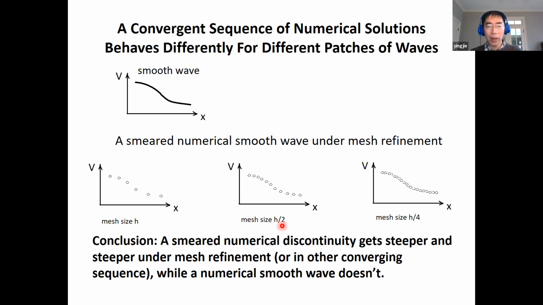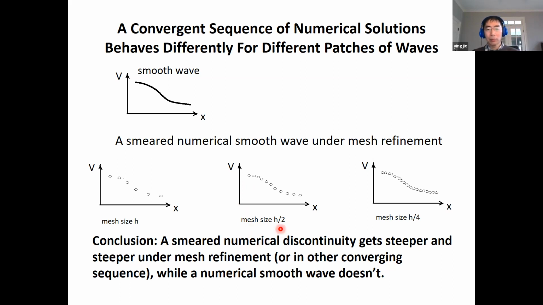And if you refine the mesh, you will see more points, but the profile doesn't change very much because the solution is a smooth wave. And you keep refining the mesh, let's say h/4, you have more dots, even more dots, but the profile is still the same because it's a smooth wave.